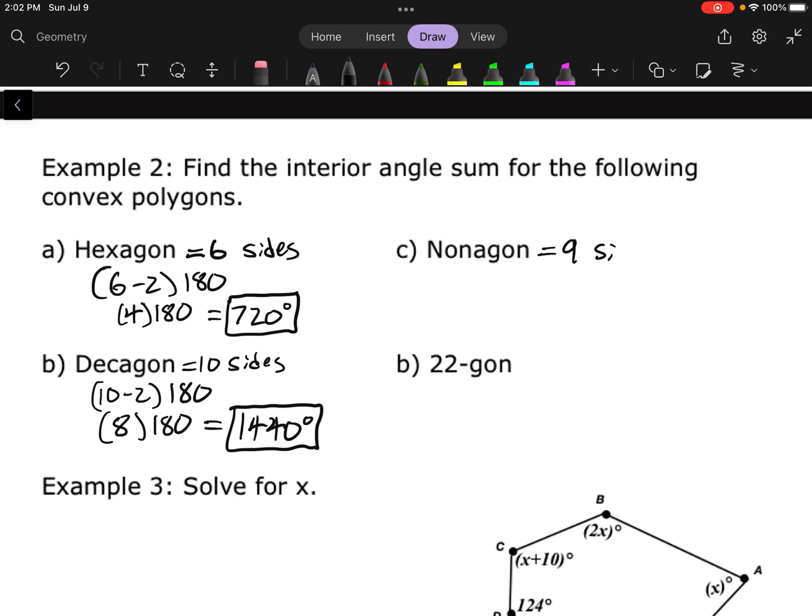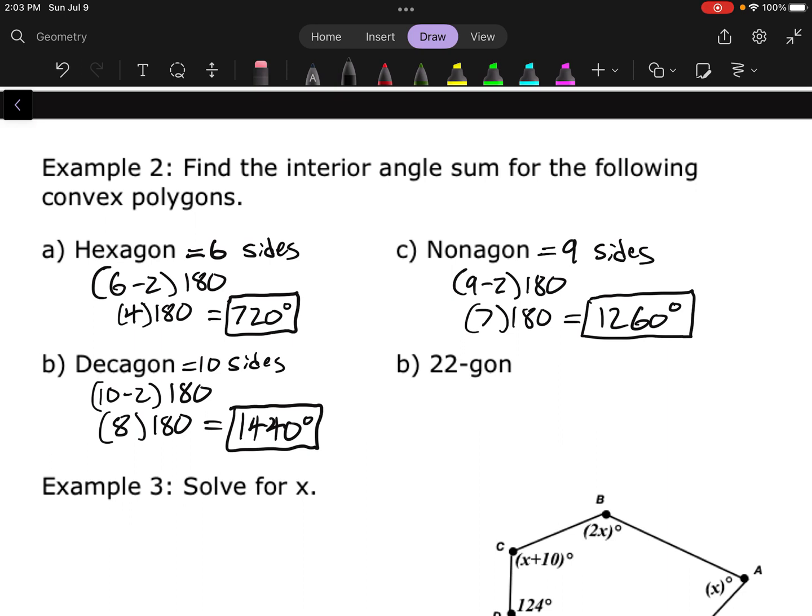A nonagon has 9 sides. So my n is 9, so I'll do 9 minus 2 times 180, which would be 7 times 180. 7 times 180 is going to give me 1,260 degrees inside any nonagon.